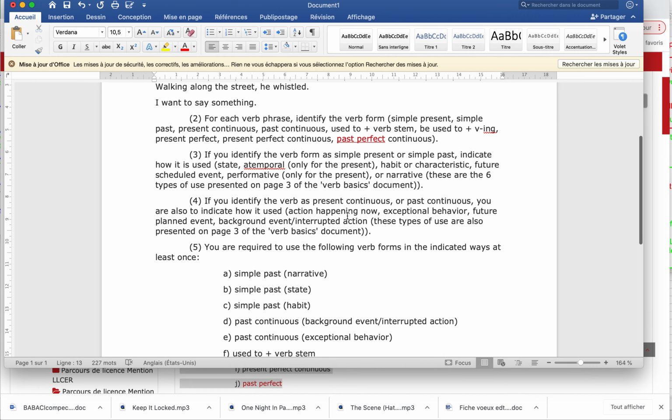Once again, there's always the difficulty with the present continuous. This is what we call exceptional behavior, which might have been kind of difficult to understand. The idea being there's this opposition between an action happening now and what we call exceptional behavior. Because if I say something like he is smoking a lot this week, right?